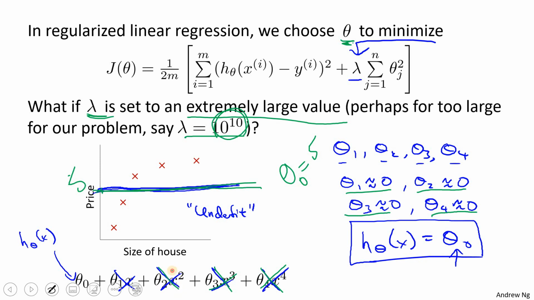When lambda is extremely large, at the end you will only have one term left, which is theta 0. In that case, your hypothesis will be h equal to theta 0, which is the worst case and an example of high underfitting.